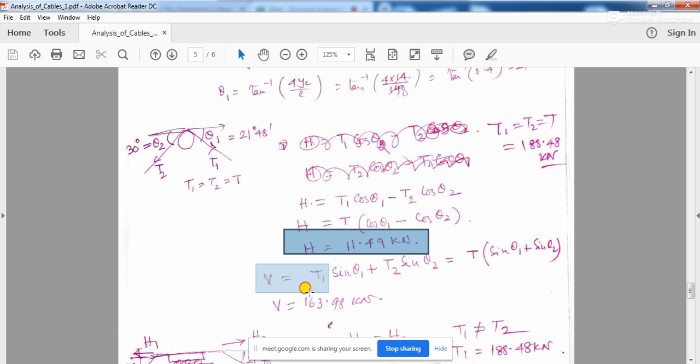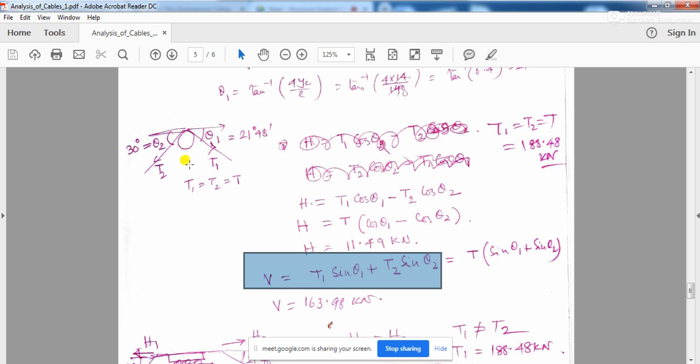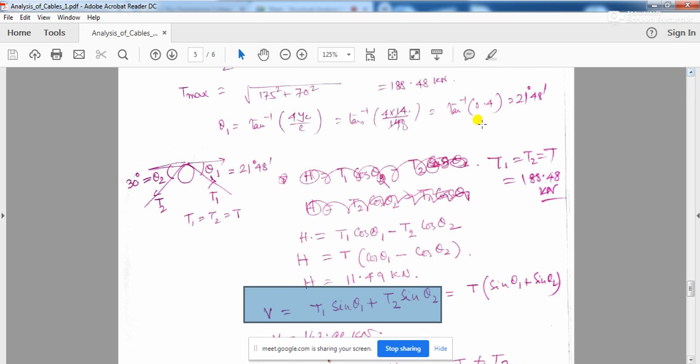So the vertical force on the support, or the pier, will be equal to T1 sin theta 1 plus T2 sin theta 2, which is nothing but T times sin theta 1 plus sin theta 2, and T is again that 188.48, which we have found out earlier, which is basically the T max, that is the maximum tension in the cable.